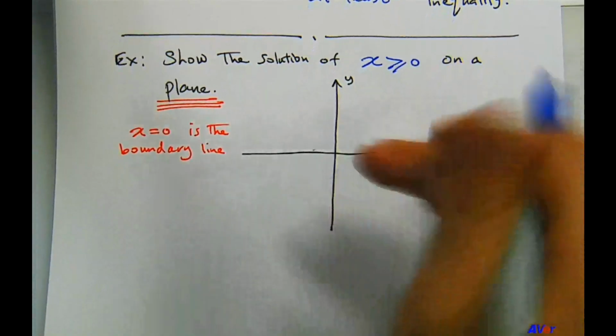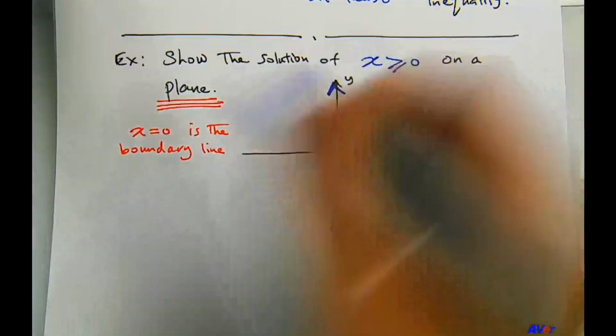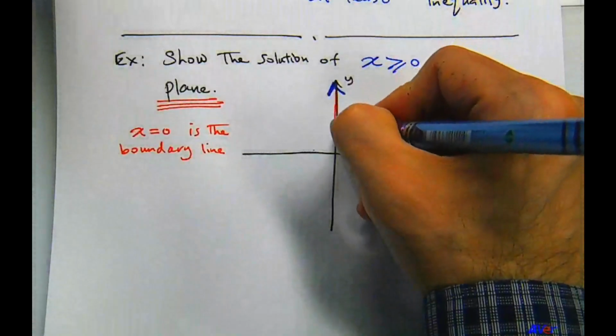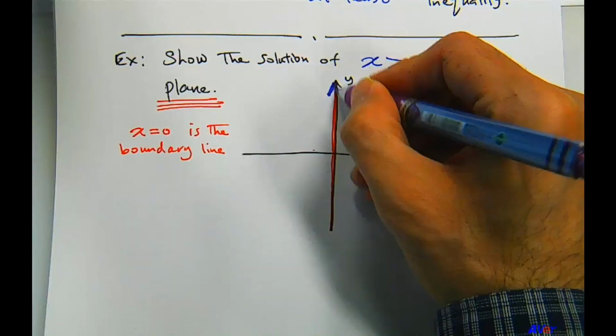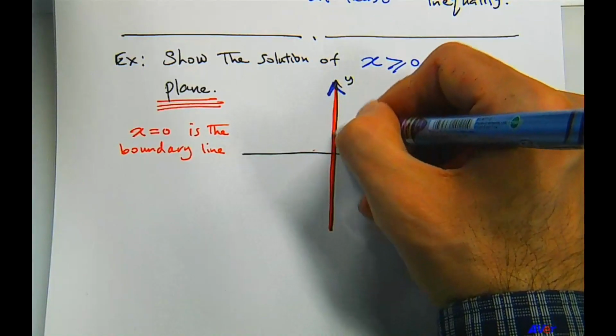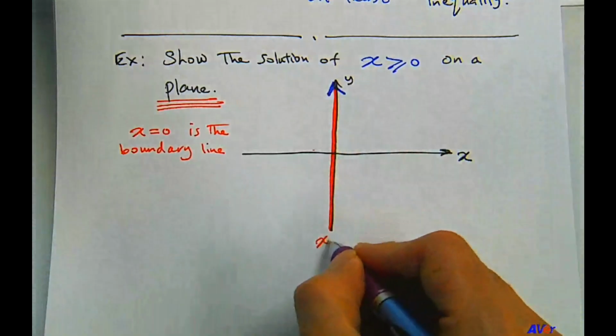So let me use my red marker here, red ink. So that is x equals 0, all of that axis. The equation of the y-axis is x equals 0, right?